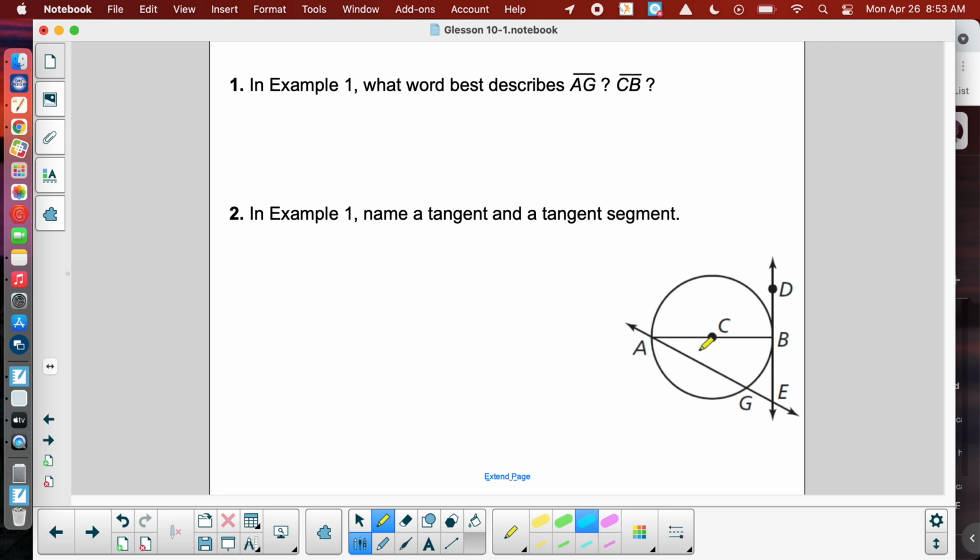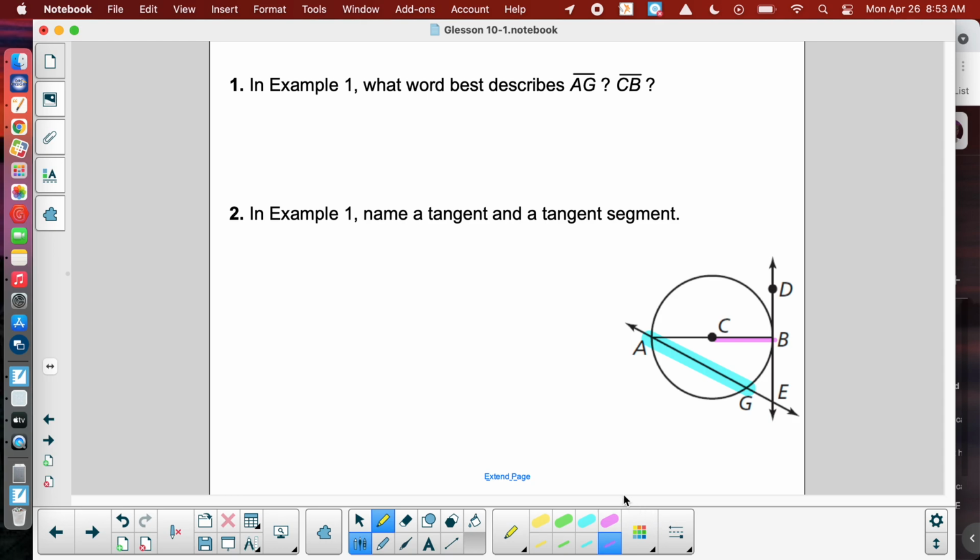If I look at AG here, just A to G, that is a segment. It has both points on the circle, and it does not go through the center, so that is a chord. And if I look at, say, CB right there, that's going to be a radius.